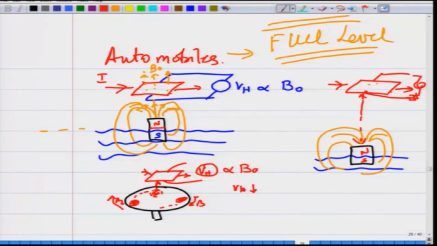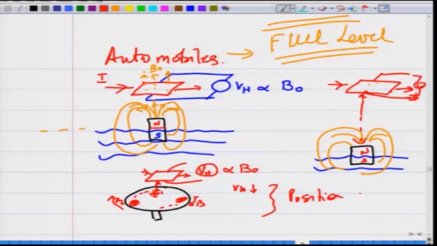This is used in industries when the disc rotates and has to stop at some position, and you want to automatically know the position of the disc. You can find it out using Hall sensors. So, the position of rotating discs can also be found.